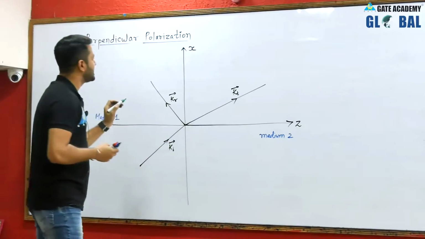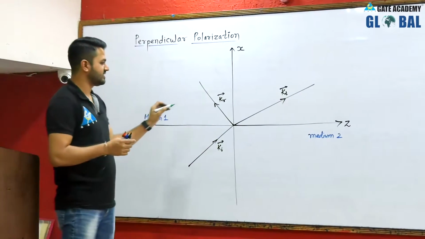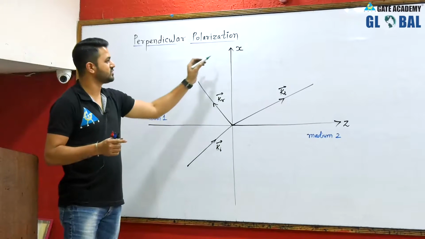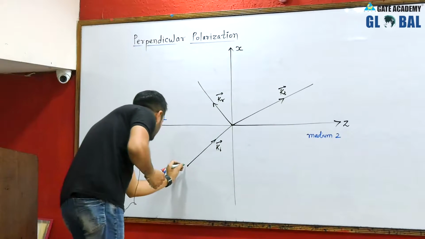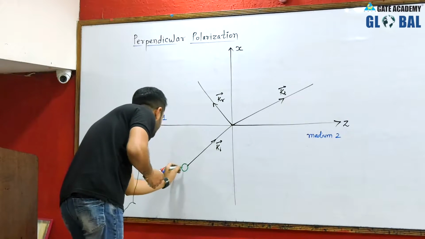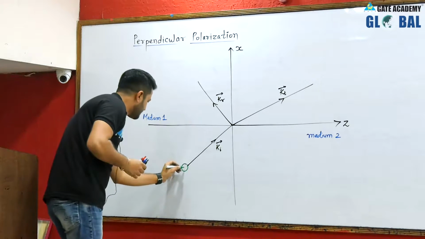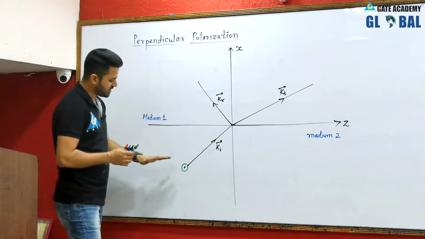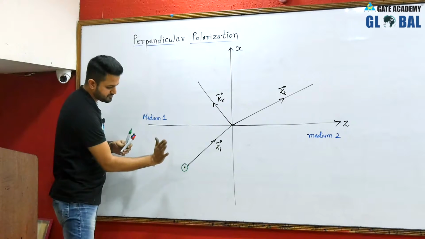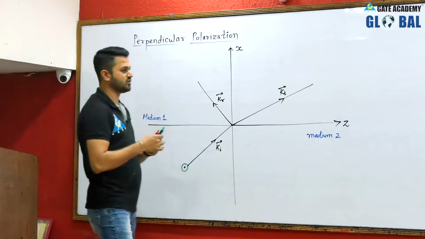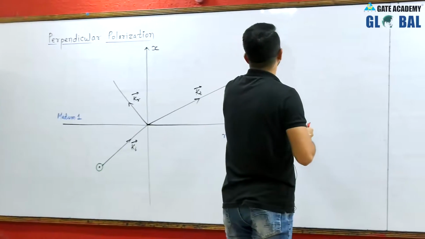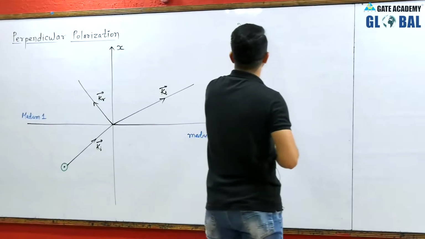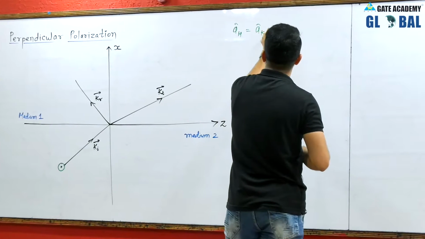Now we have to make the electric field in such a way that it is perpendicular to the plane of incidence. So let us consider the electric field in this direction. It is outside the board, and this is the direction of propagation. So what should be the direction of the magnetic field? The direction of the magnetic field is always considered as AK cross AE.